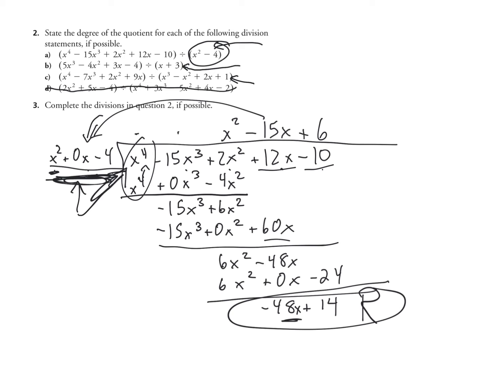I could say that this is equal to x squared minus 15x plus 6 plus negative 48x plus 14 divided by x squared minus 4. There we go.